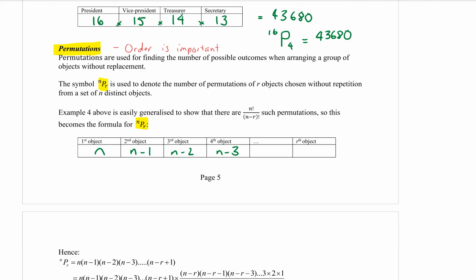How on earth do I go to r? How do I get to r objects? Have a look here. If I have one object, I have n. If I have 2 objects, I have n minus 1. If I have 3 objects, I have n minus 2. 4 objects is n minus 3. What do you think r objects is going to be? n minus r?